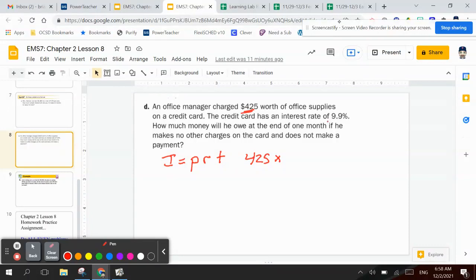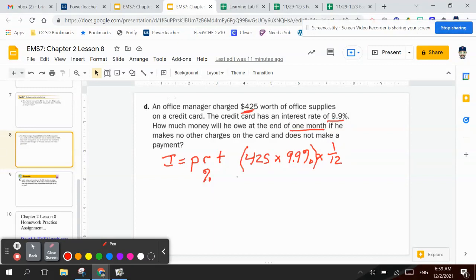times the rate, your percent, which is 9.9%, times how long, at the end of 1 month. So that means 1/12. I always multiply the principal times the rate first.